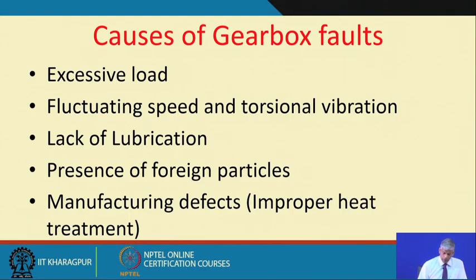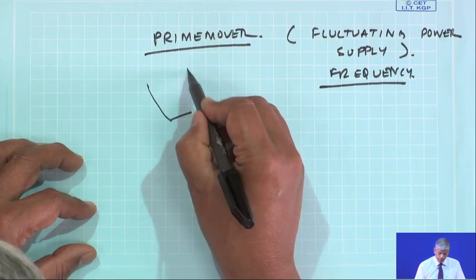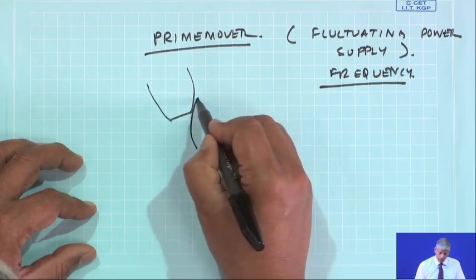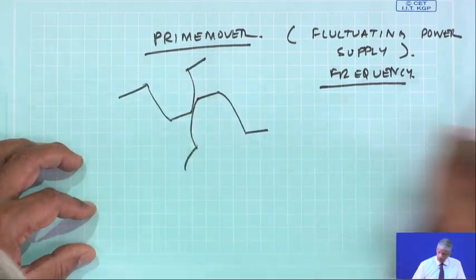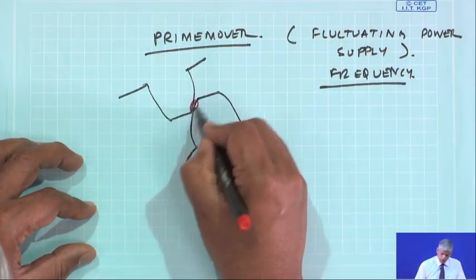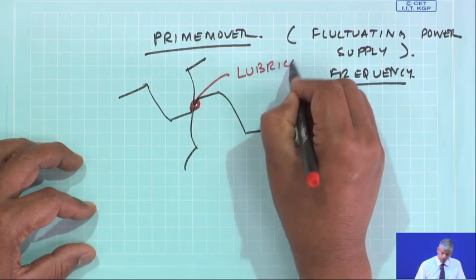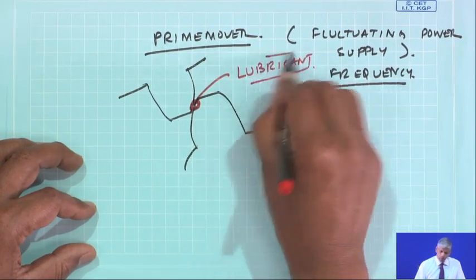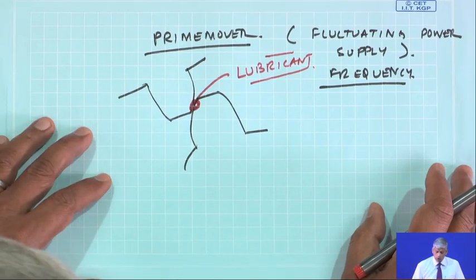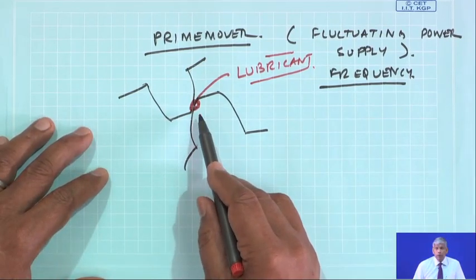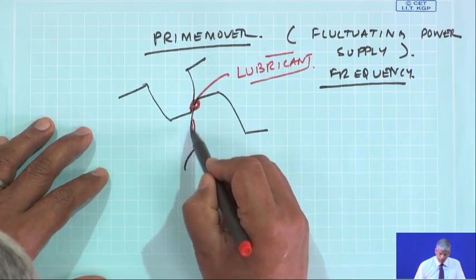Lack of lubricant, because if you see the gears which are mating, there is always contact. So, if this lubricant is not there, there will be high heat generation, and then there will be a lot of wear.